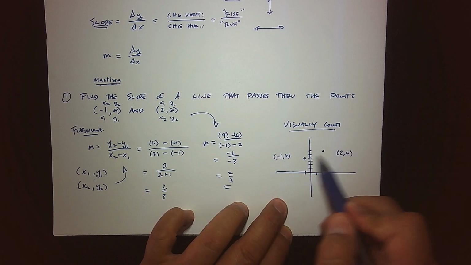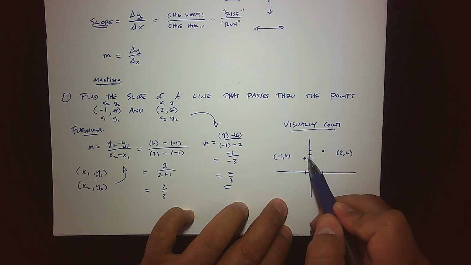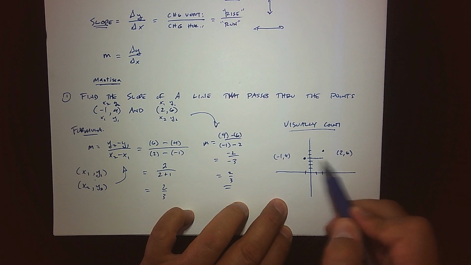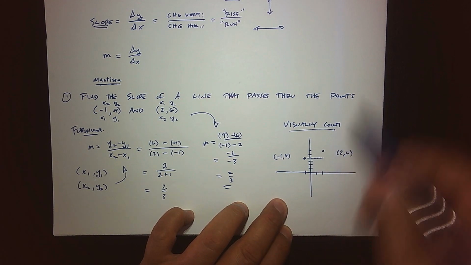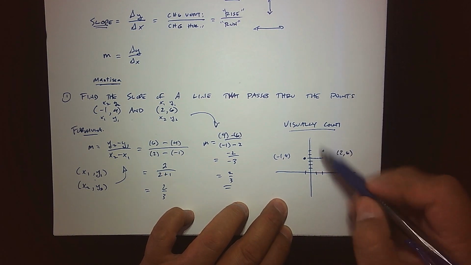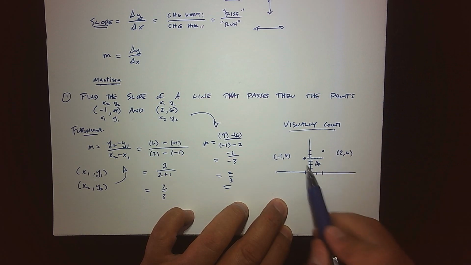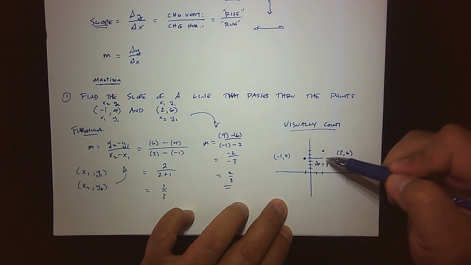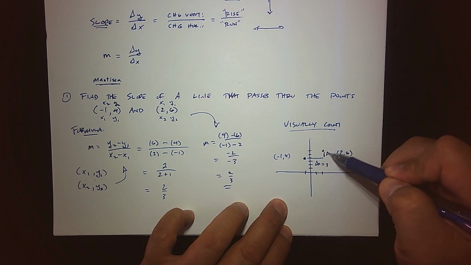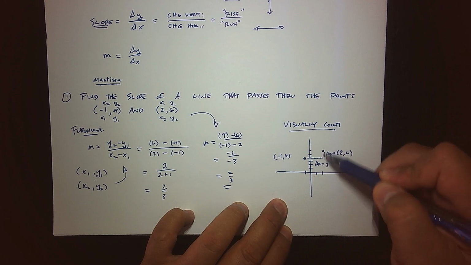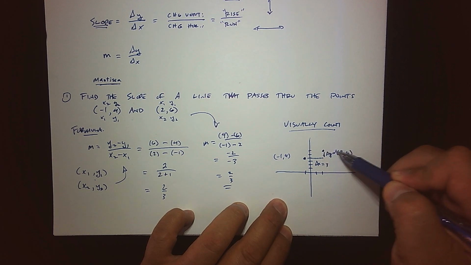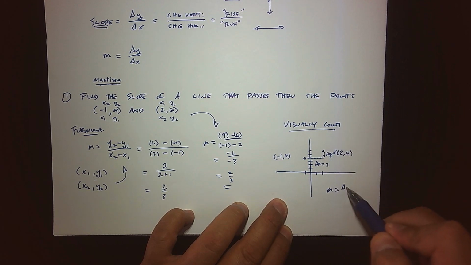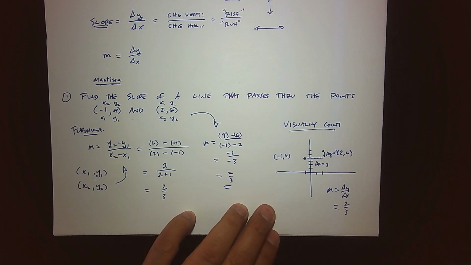As we move from this point to this point, it doesn't really matter if you move first vertically or horizontally, it's all going to be the same. You can see that my change in x as I moved from this point to this point, we went along the x-axis 3 times. And then what's my rise, my change in y? As we moved up, we went up 1, 2. So my slope is change in y over change in x, and what we get is 2/3.